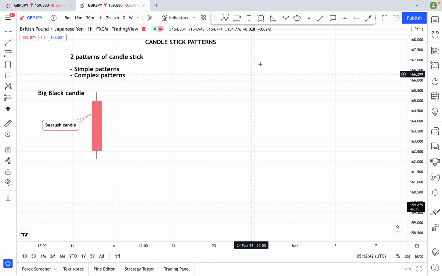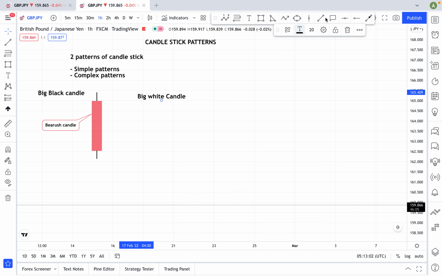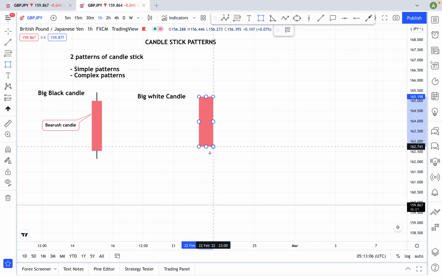We have another one here. We have the big white candle, and whenever you hear anything white, that means that's the green one, which is the bullish.